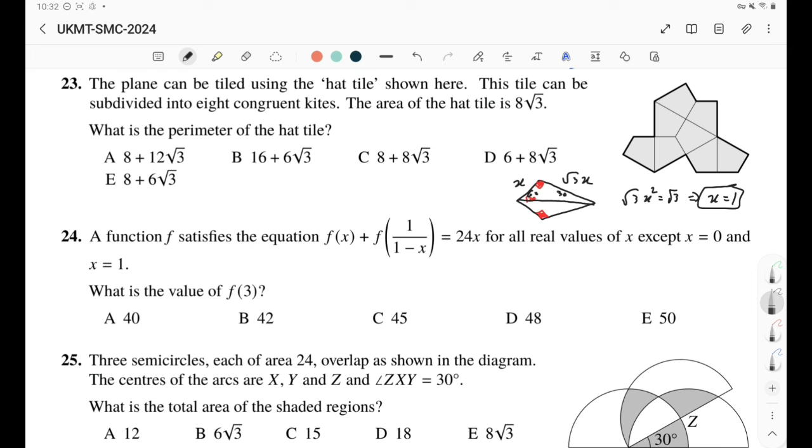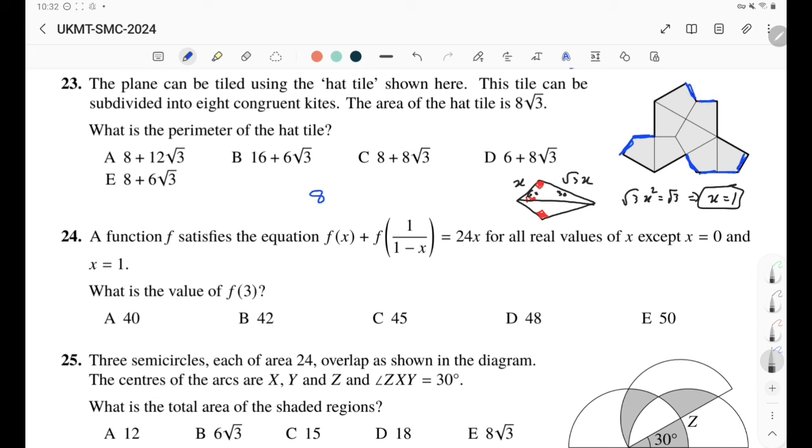So now we know everything about our kite. Now it's time to find the perimeter. Okay, let's see how many small sides we have. 1, 2, 3, 4, 5, 6, 7, 8. Okay, so 8.